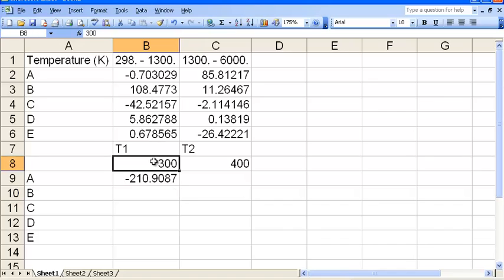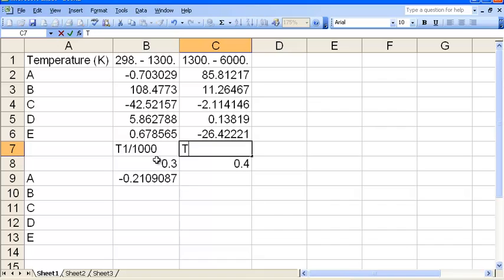All right, so if you take 300 and divide by 1,000, we get 0.3, and 400 divided by 1,000 is 0.4. So we'll properly label these. This is T1 divided by 1,000, and this will be T2 divided by 1,000. And those are the numbers we have to put in there.